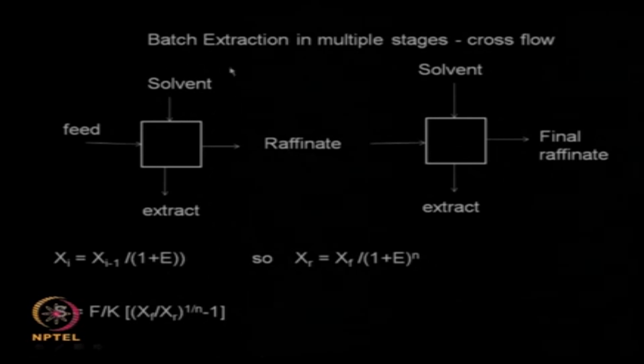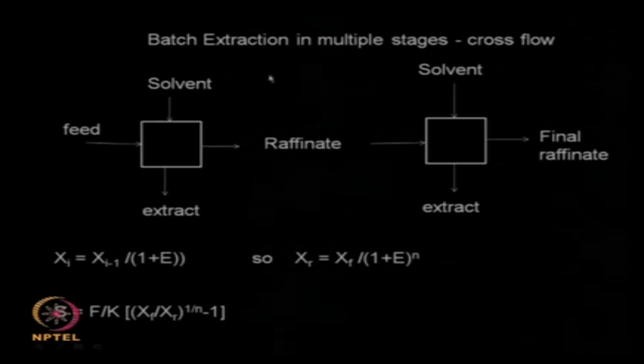And every time the assumption here is you are adding fresh solvent, that means concentration of the solute in the fresh solvent is 0. So you can have a general equation like this: xi, that is the concentration of the solute leaving stage i, will be equal to the concentration of the solute entering the stage divided by 1 plus E.